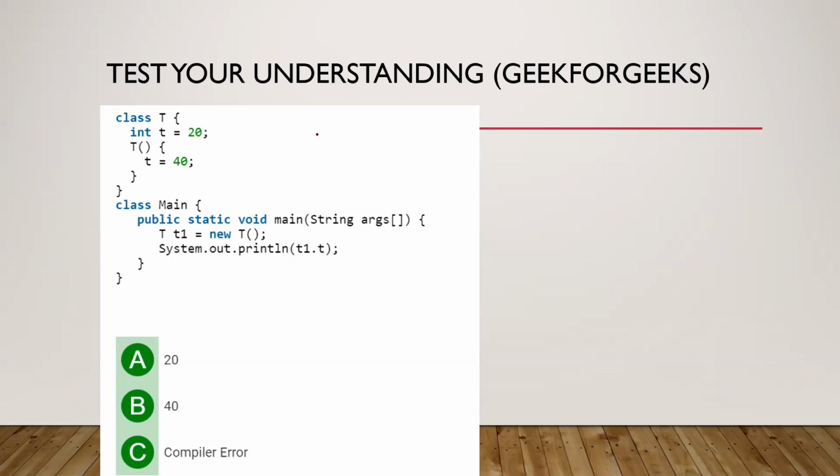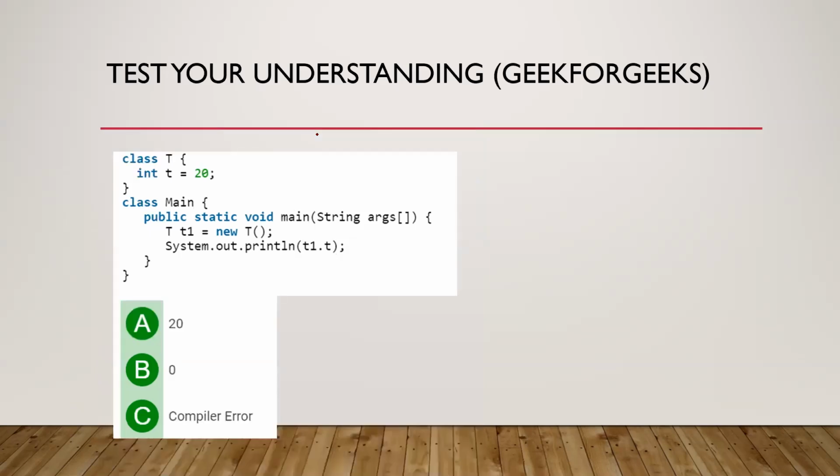Sir, please repeat. Yes. What I'm saying is that earlier, the default constructor in the object class was getting created. If I don't have this assignment, integer t equal to 20, then the value would have been 0 if I used t1.t. If I have not used this assignment, and just have integer t, then it's 0.